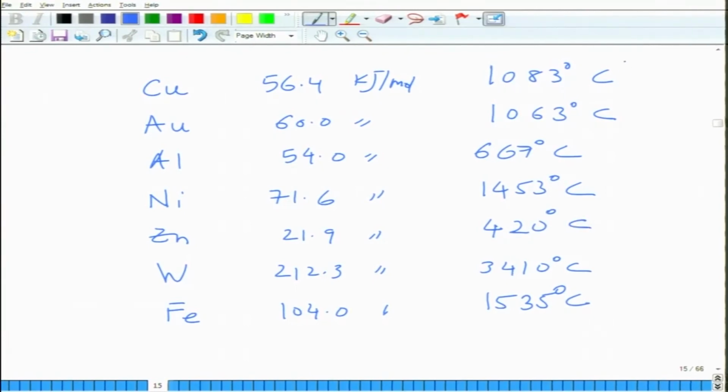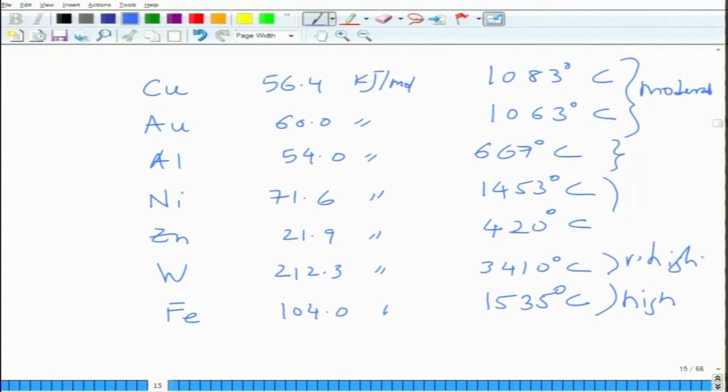These are all moderate bond energy metals. The melting point is about 1000 or lower, aluminum is on the slightly lower side, nickel and iron are on the higher side, and zinc is of course very low. So this is moderate, this is high, this is very high.